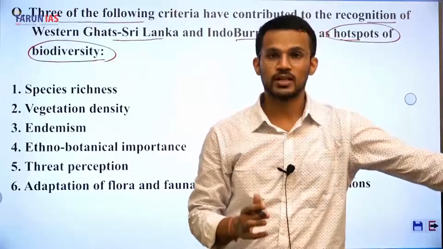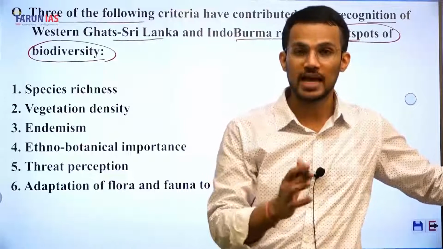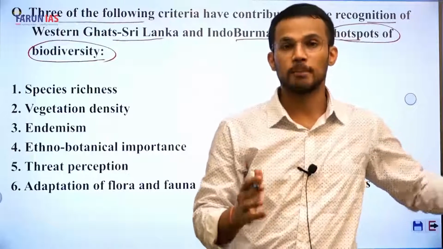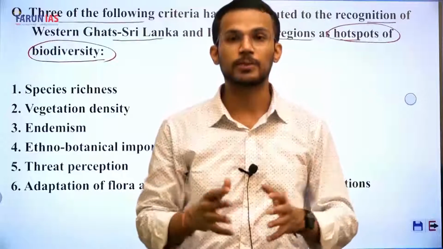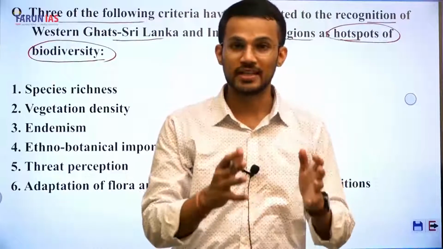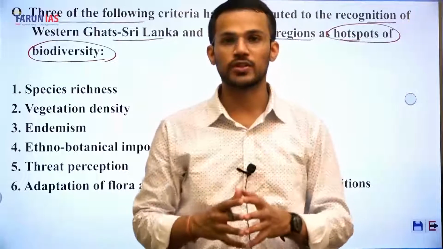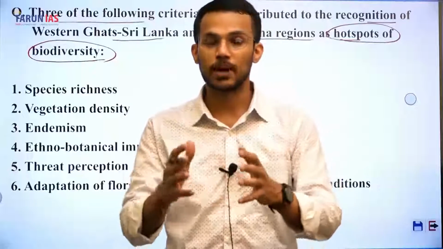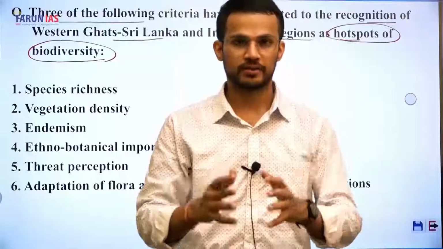That's why this biodiversity hotspot tag is important, because it not only recognizes the importance of a particular region, but at the same time it also highlights that the region given a biodiversity hotspot tag is now under threat.